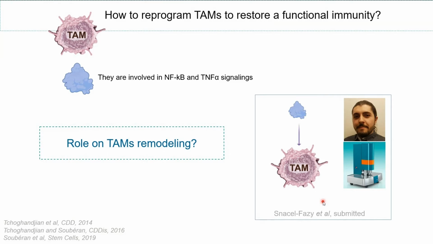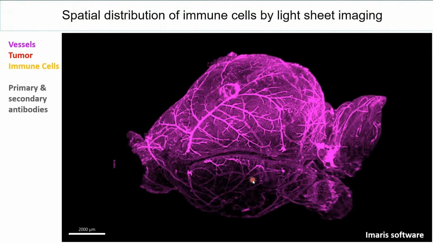So what is the role on TAMs remodeling? Because these TAMs are the most important immune cells in glioblastoma. This project was the PhD project of Emmanuel Snazelfazi, and to investigate this, Emmanuel developed light sheet imaging and performed clearing of mouse brain.